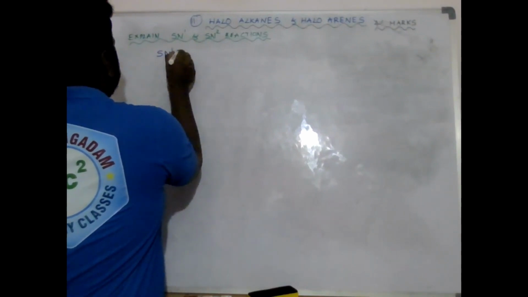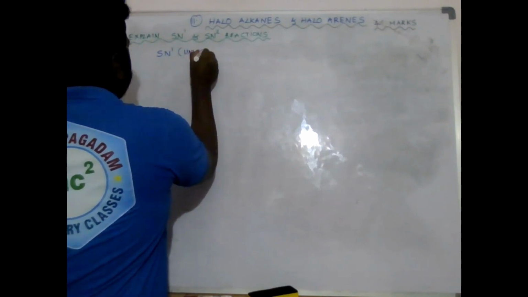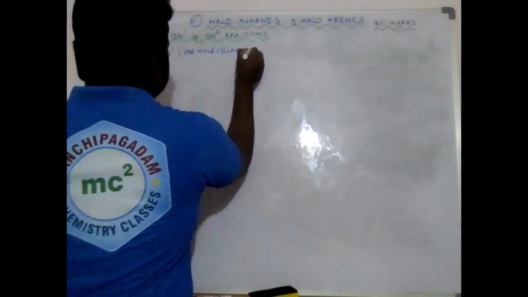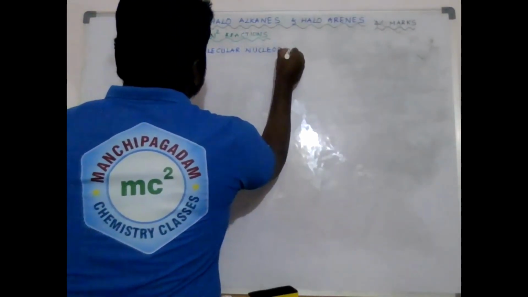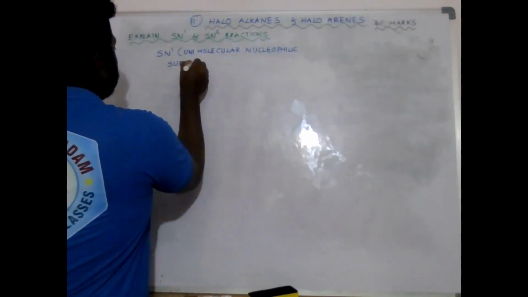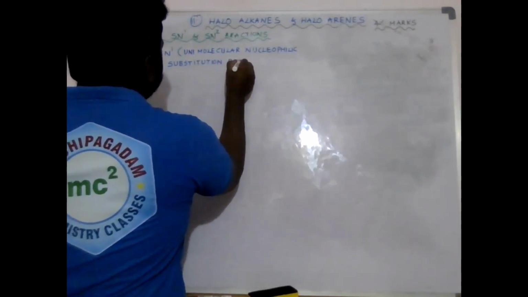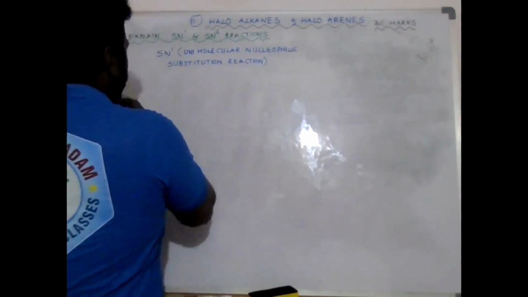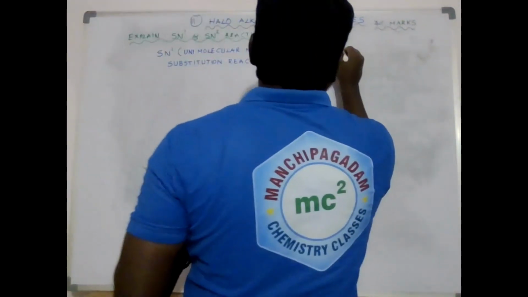SN1. Here 1 means unimolecular. Unimolecular nucleophilic. S for substitution. Substitution reaction. That is the meaning of SN1 reaction, unimolecular nucleophilic substitution reaction. So what about SN2?